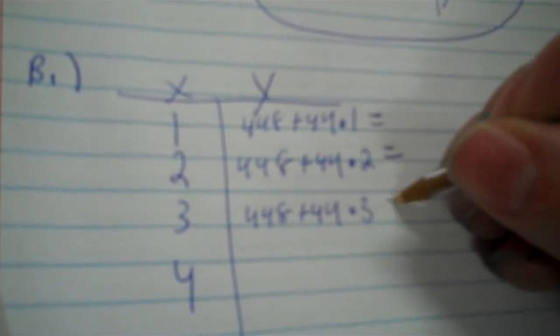Then 448 plus 44 times 2, replacing the X with the number 2. 448 plus 44 times 3, because X equals 3. Then 448 plus 44 times 4.